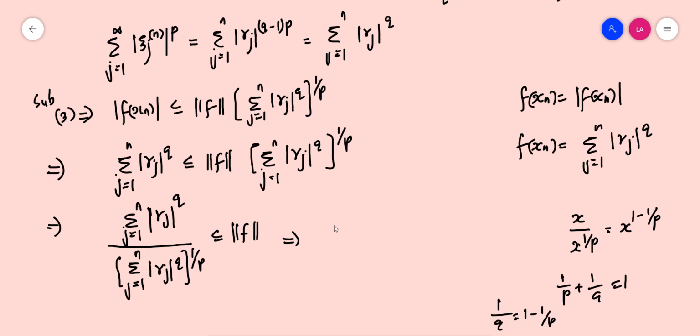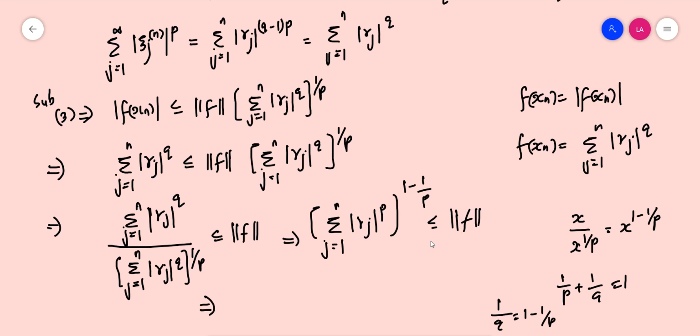So this can be written as summation j is equal to 1 to n modulus of gamma j the whole raised to q the whole raised to 1 minus 1 by p, if you put x as this value, which is less than or equal to norm f. Which implies this 1 minus 1 by p is 1 by q since q is the conjugate.